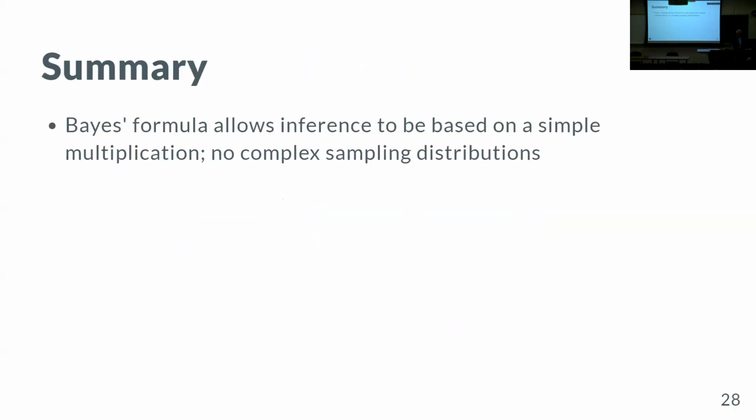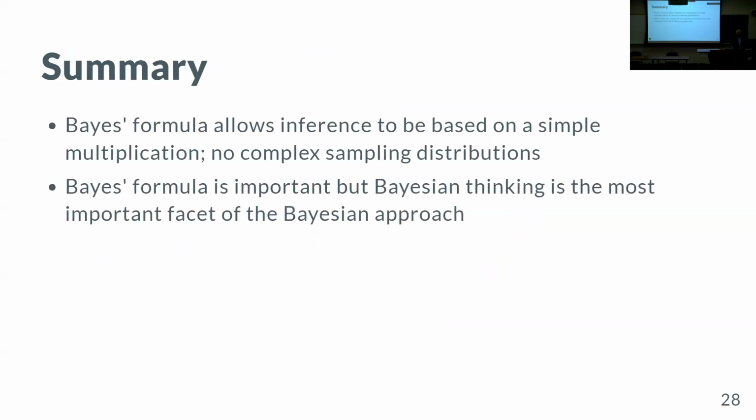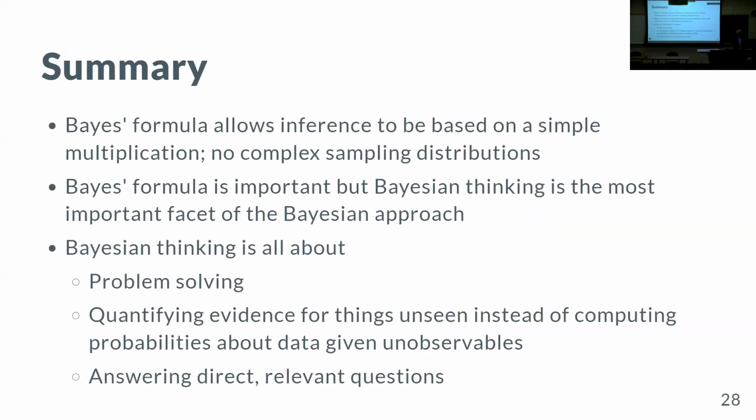So Bayes' formula allows you to use simple multiplication without complex sampling distributions. Bayesian thinking is the most important aspect of Bayes, and it's all about problem solving, quantifying evidence for things you don't know from things that you do know. And Bayes is all about avoiding unobservables and answering direct, relevant questions.